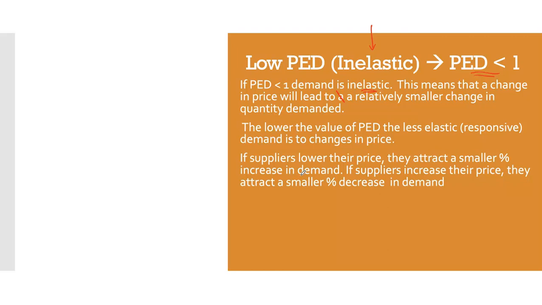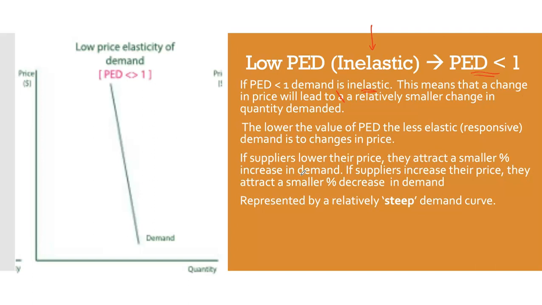So this might give a supplier a hint that increasing their price is the better way to maximize their profit, because if they increase their price, the demand will go down, but to a lesser extent. This is represented by a steep demand curve.